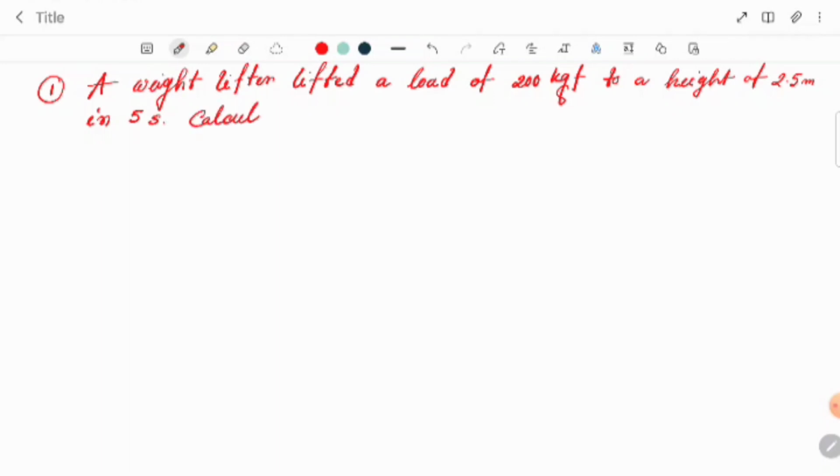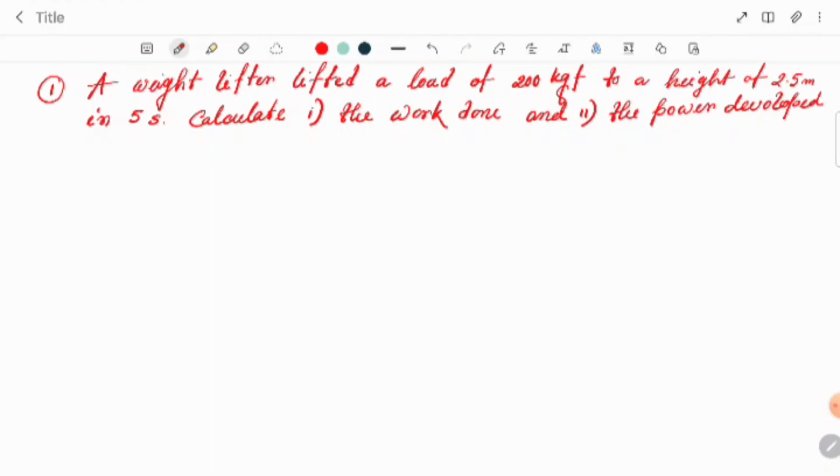Calculate number 1, the work done, and number 2, the power developed by him. Okay, and here g is equal to 10 Newton per kg.